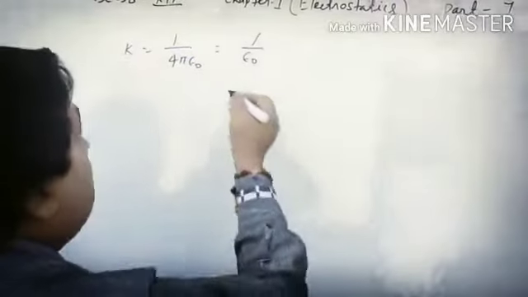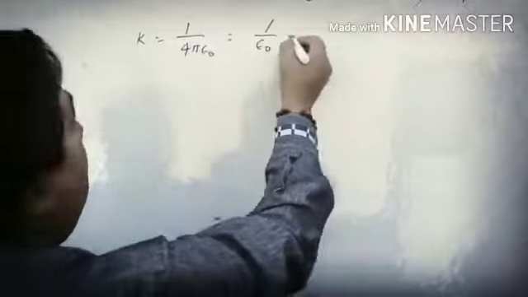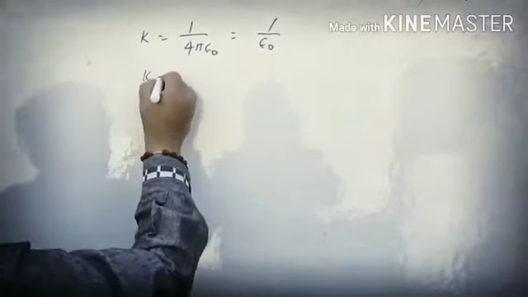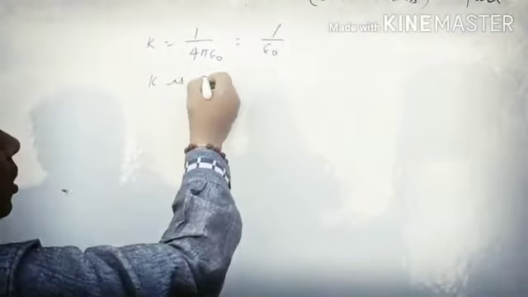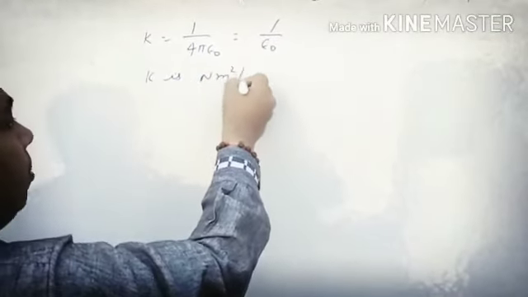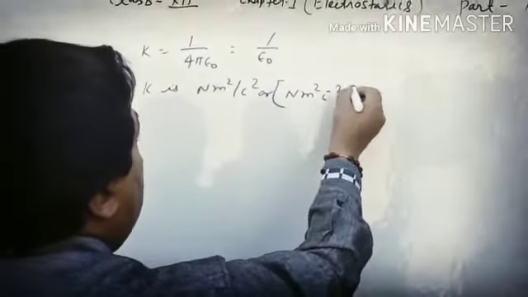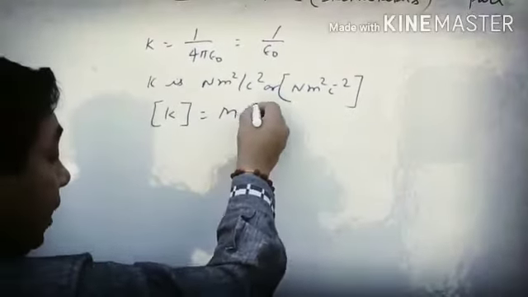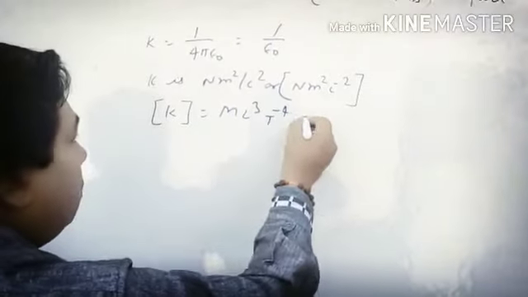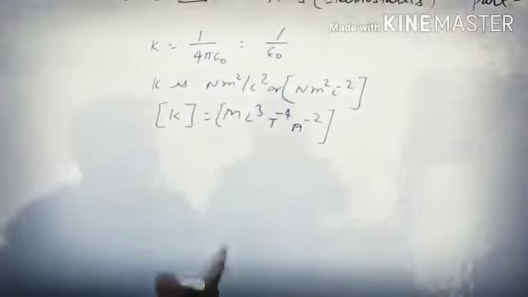So the unit of K is the opposite of epsilon naught, that is Newton meter square per coulomb square. Its dimension is M L3 T minus 4 A minus 2, the reciprocal of that of epsilon naught.